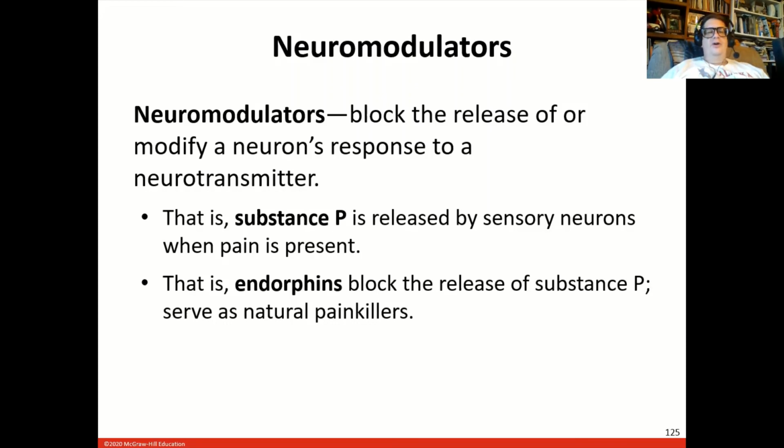Endorphins are chemicals your body releases to block the release of substance P so you don't feel pain. They're natural painkillers. So they modulate the release.